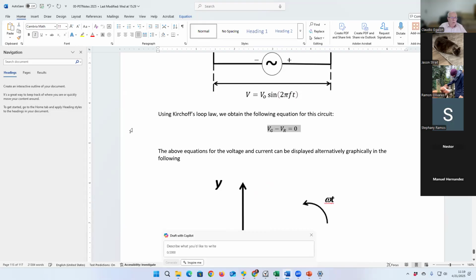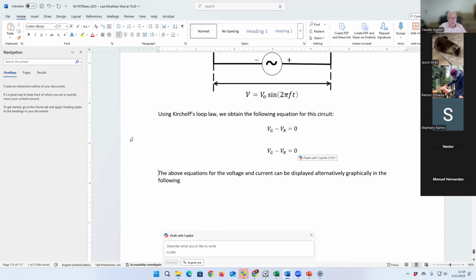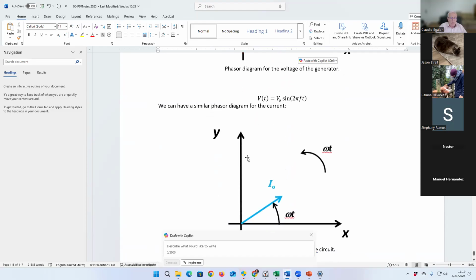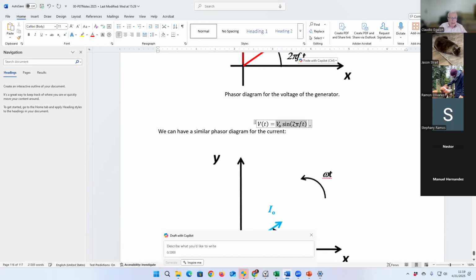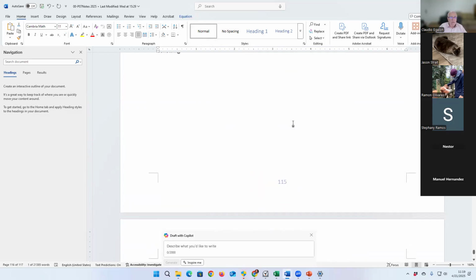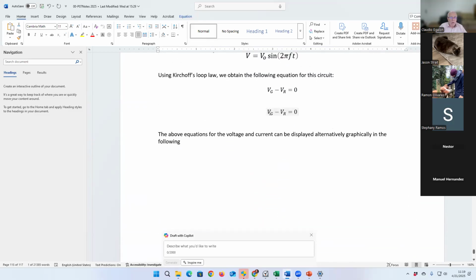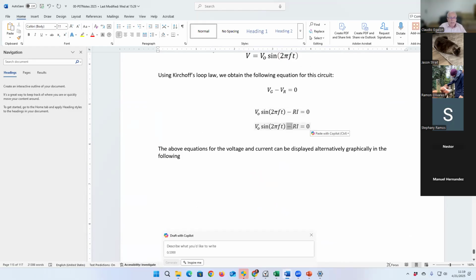But for the generator, you already know that it behaves just like that, right? I can replace the VG with V naught sine whatever. And we can replace the V sub R with the resistance times I, and I'm not going to put the time dependence. And here you go, finally, we have this relationship here, right?